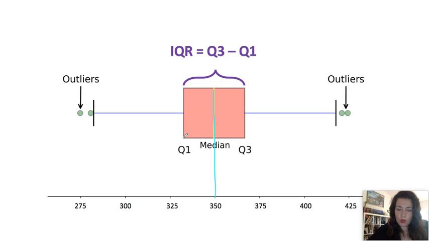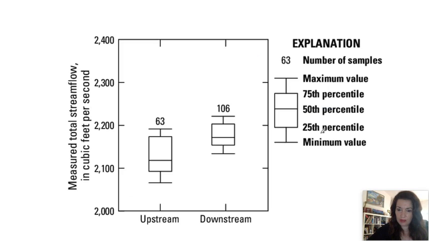If you want to know what your Q1 is, you would just read directly down, so it'd be roughly around 330, and then the same thing for Q3. You can do the same thing for each observation that you see.